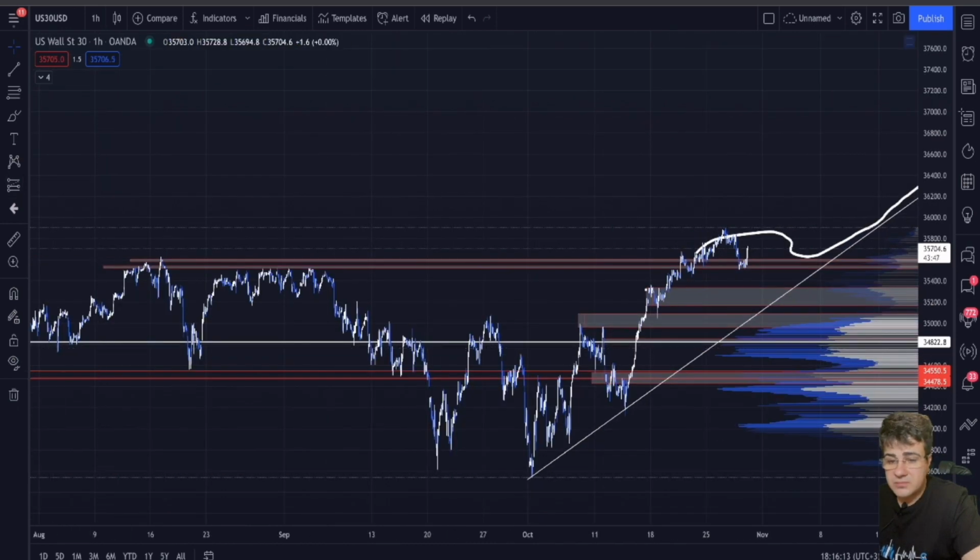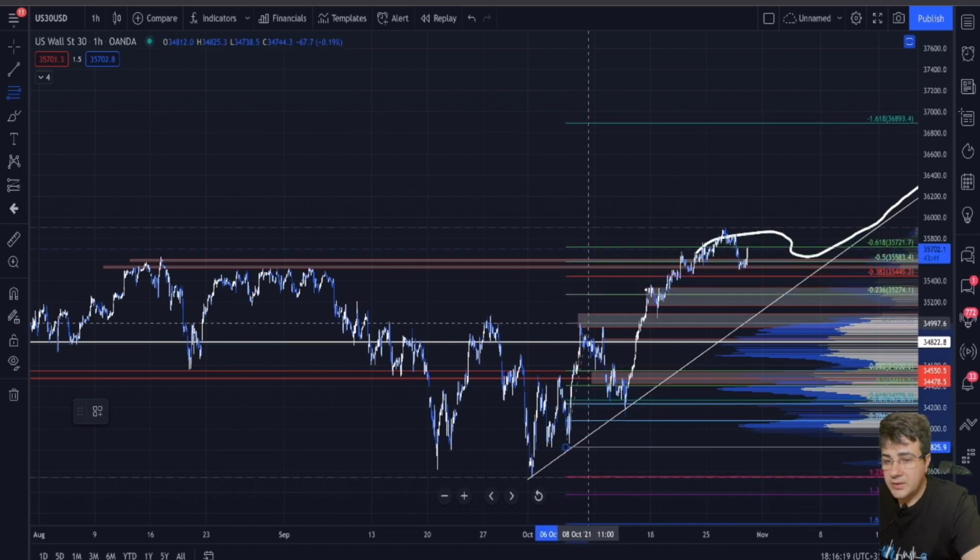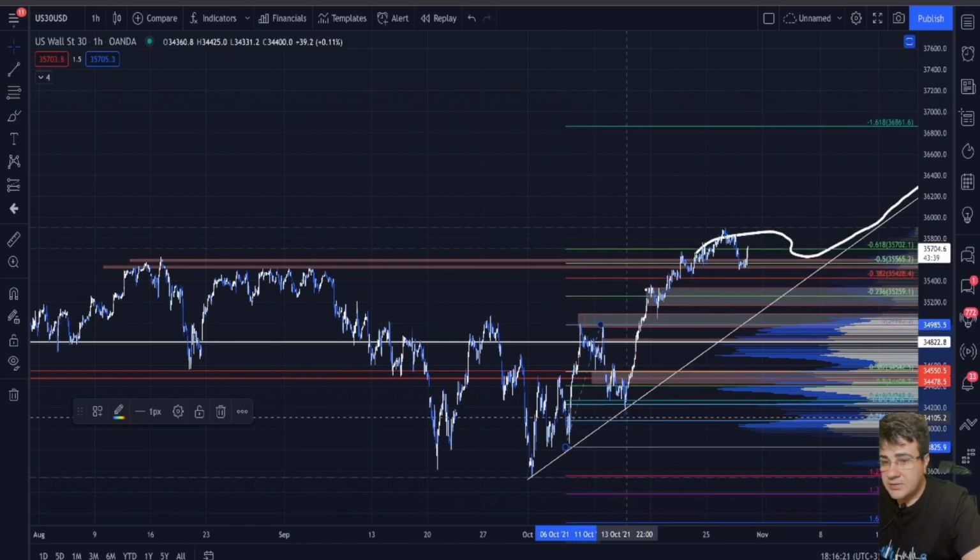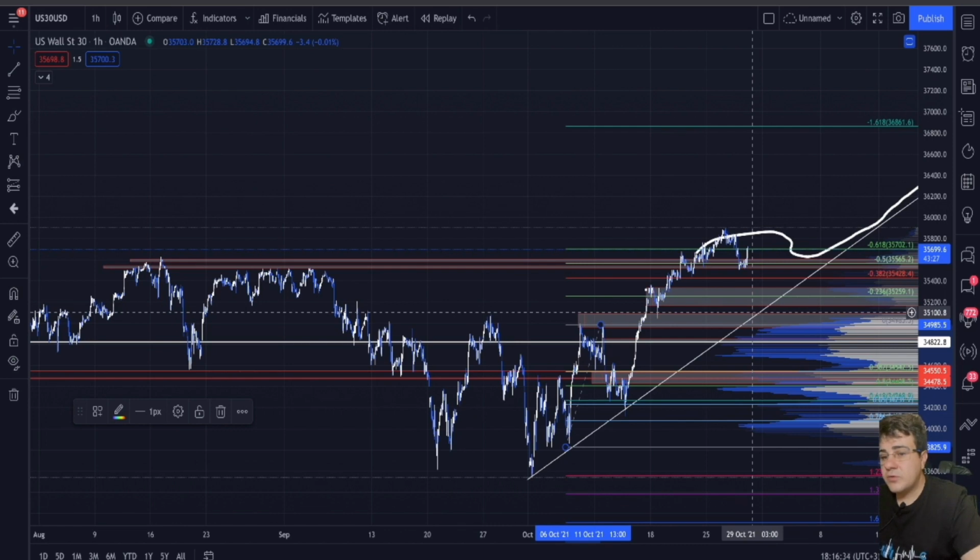So just a small measurement of some Fibonacci levels. I think there's a golden pocket around here somewhere. Yeah, so put this, so this would be Elliott wave 1, 2, 3. We could retrace and it still makes us in an impulsive Elliott wave movement.